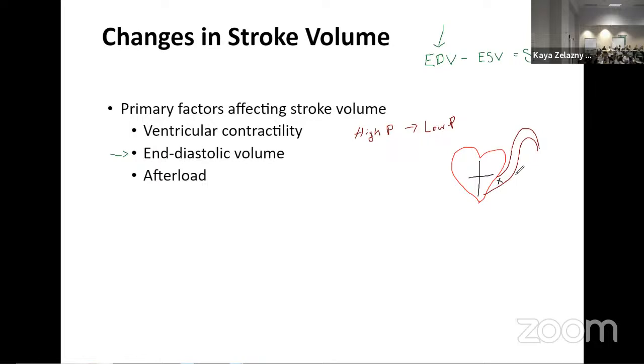And then for the blood to actually flow. So if you change pressure in the blood vessels, like if you make it harder to push blood out of the heart, basically, like if you have a higher pressure here, harder to push out, you're going to end up decreasing how much blood escapes the heart because it's just hard to squeeze it out. So we're going to see that that effect is called afterload, and it also affects stroke volume. Okay.